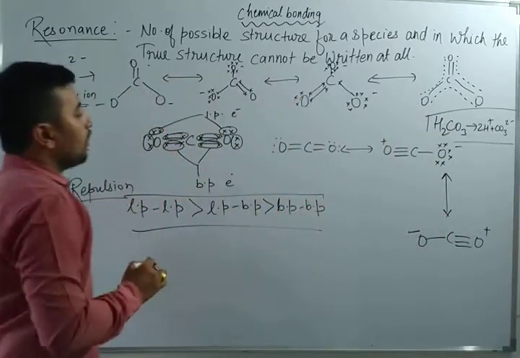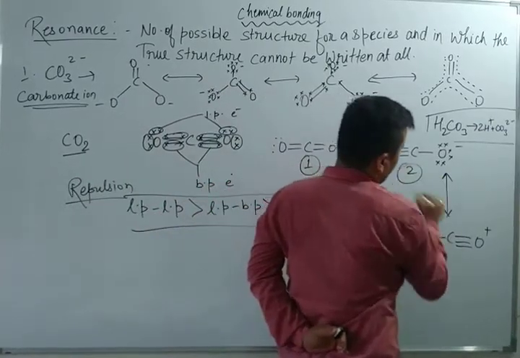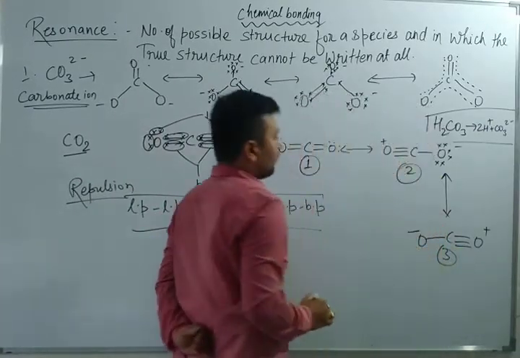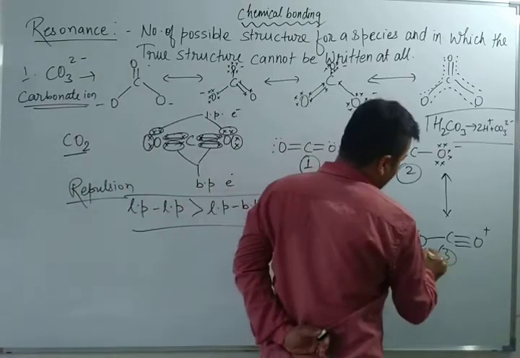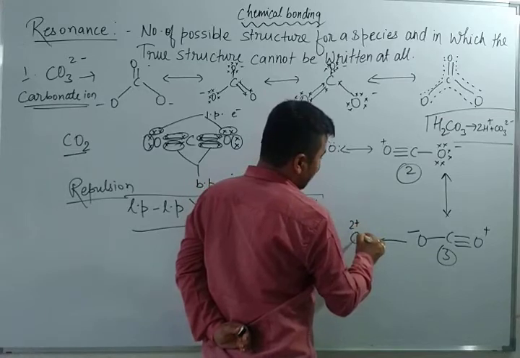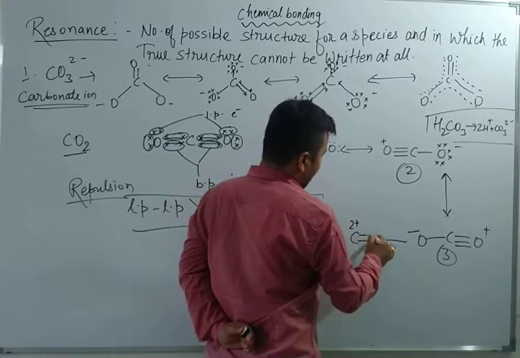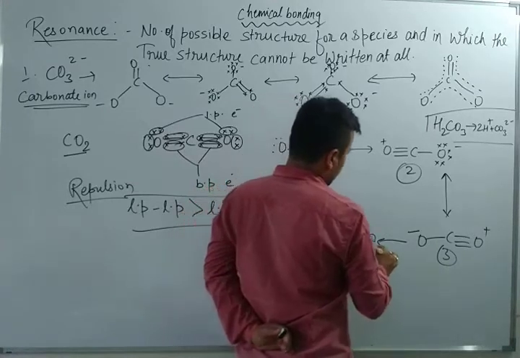Have you seen? First, second, third. And now one more, the last one, as with carbon dioxide you have already seen. So now what will happen, you know? This carbon will have a 2+ charge and both the oxygens will have -1 and -1. Right?